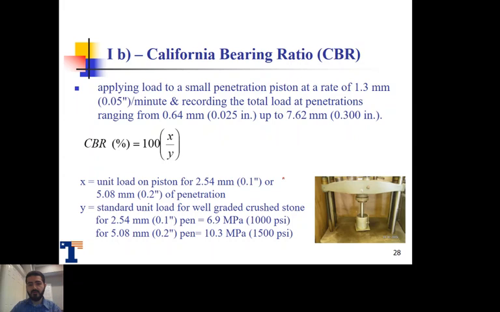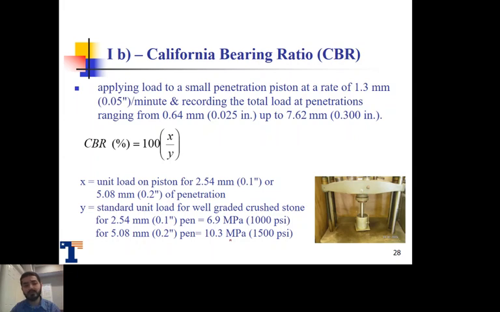Once we do this, we're going to develop a ratio between X and Y. X is the unit load on the piston for 0.1 inch or 0.2 inch penetration, and the Y value is the standard unit load for well-graded crushed stone at 0.1 inch, which is known to be 6.9 megapascals, or at 0.2 inch penetration, which is 10.3 megapascals.